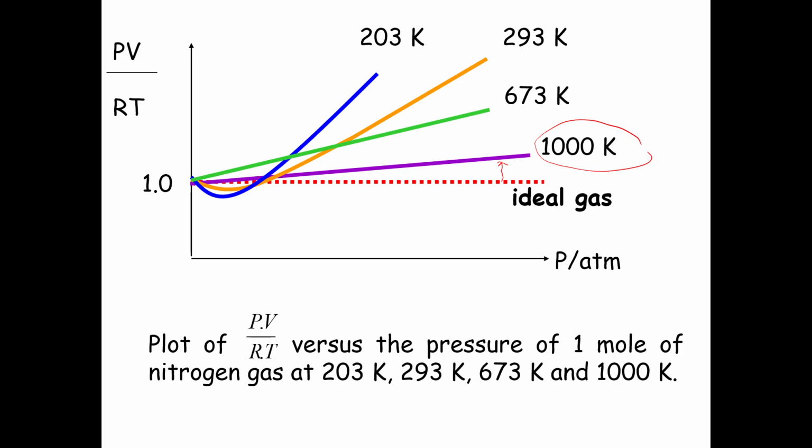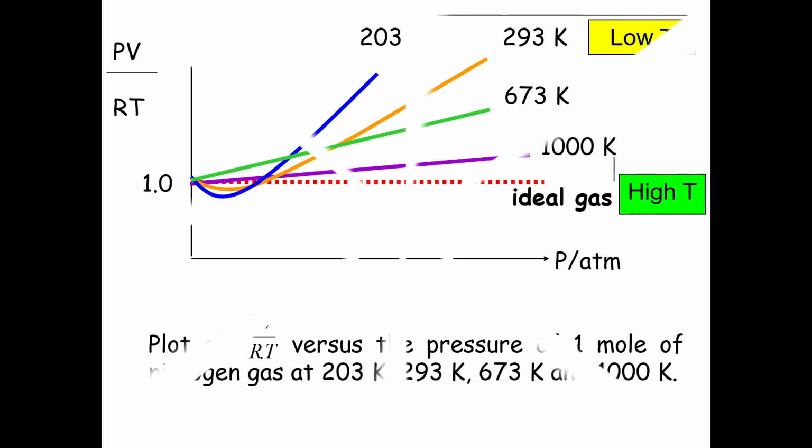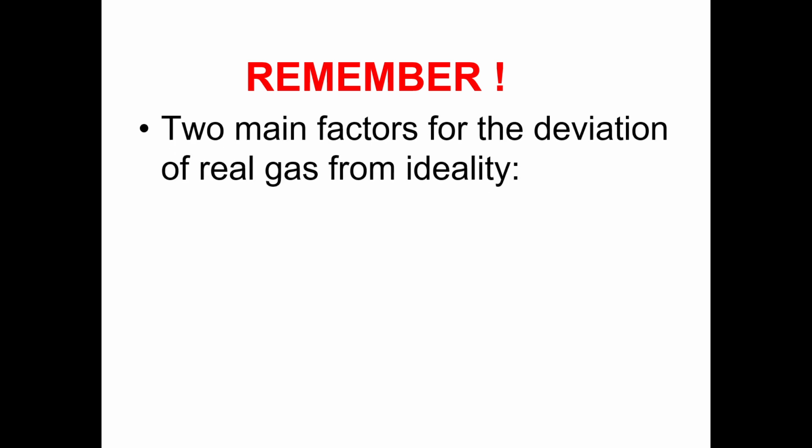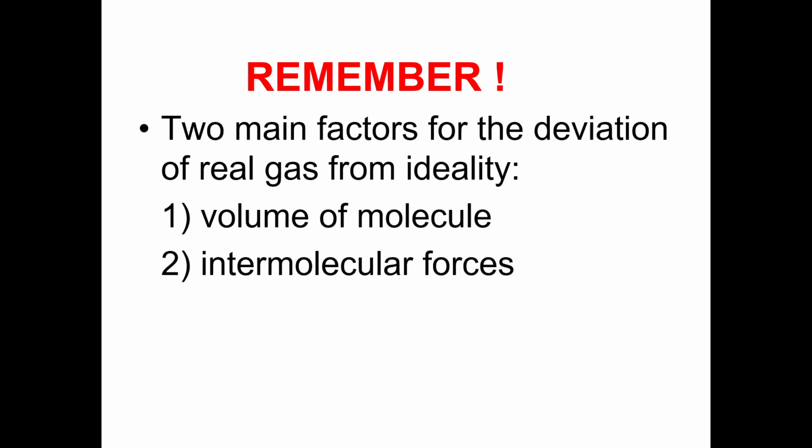Semakin tinggi temperature tu, semakin menghampiri ideal gas behaviour. Okay, so ada two factor tadi kita dah explain that deviate real gas from ideal gas. Okay, satu ialah volume. Okay, and another one is intermolecular force.